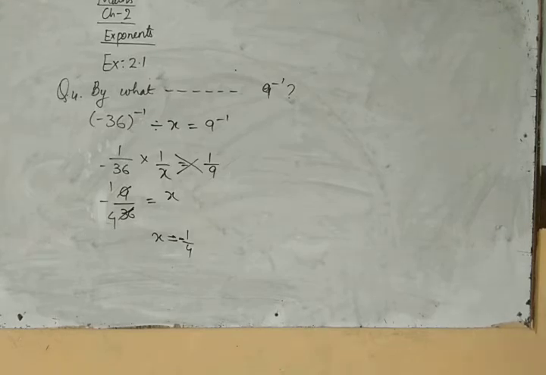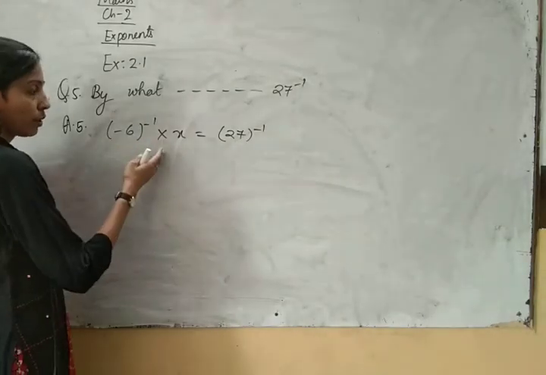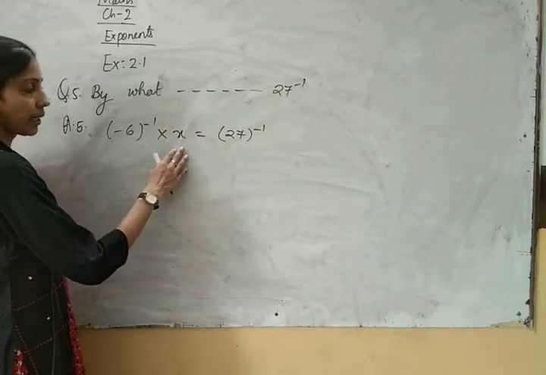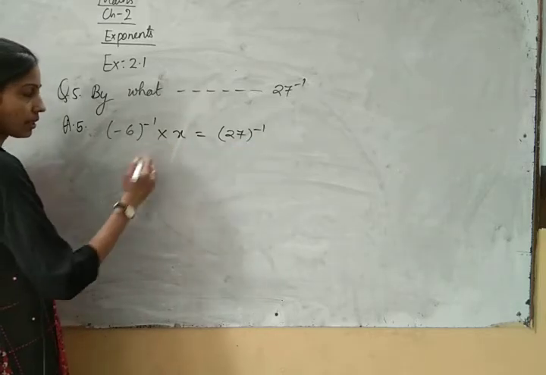Now in question number 5, you have to find by what number should minus 6 to the power minus 1 be multiplied so that the product is 27 to the power minus 1. Minus 6 to the power minus 1 will be multiplied by which number? We have taken x. So that the product will become 27 to the power minus 1.